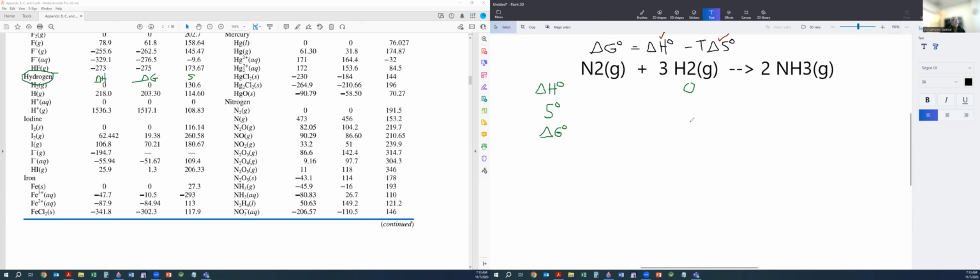Value of delta G is 0. And the value of the entropy is 130.6. Notice it's S, not delta S. Okay. So we have that.